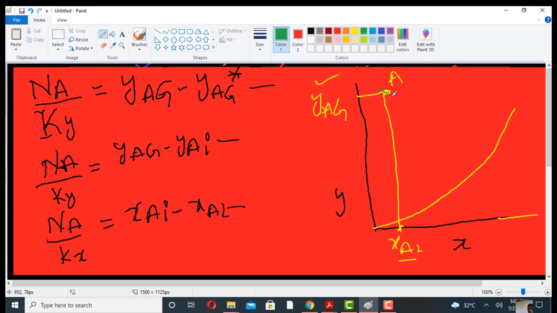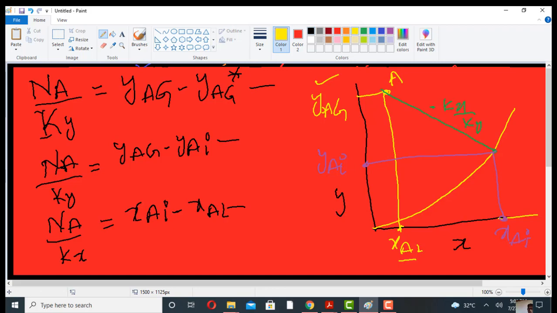Take the slope, which is Kx by Ky. You will come to the equilibrium and find the equilibrium concentration. The equilibrium concentration comes out to XAI and YAI. We can also find the bulk.